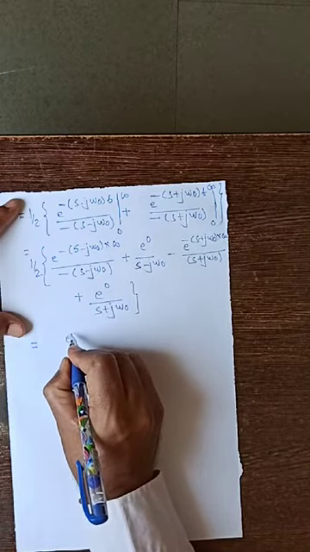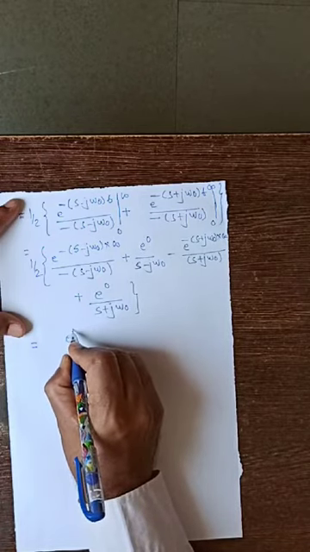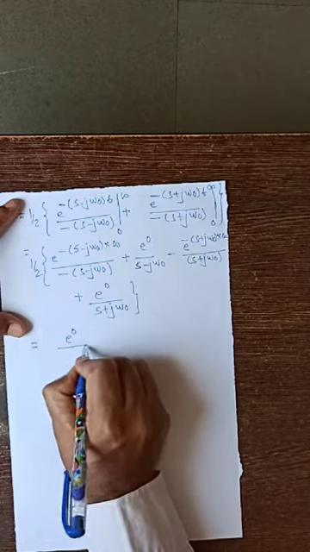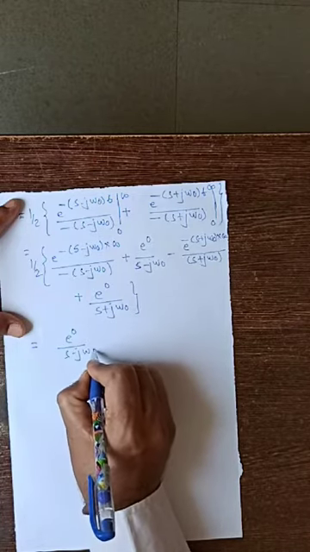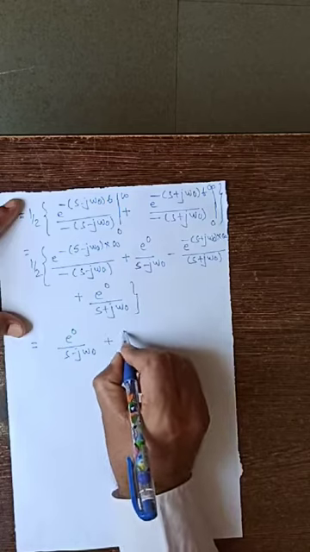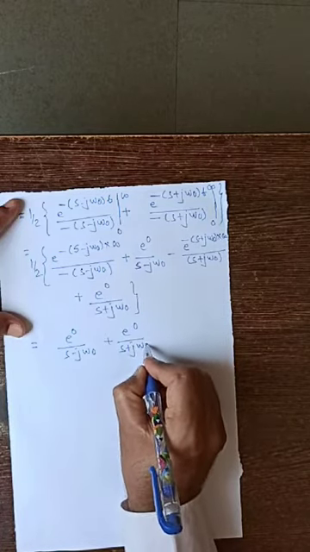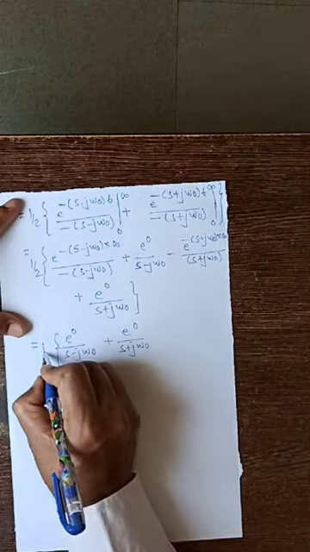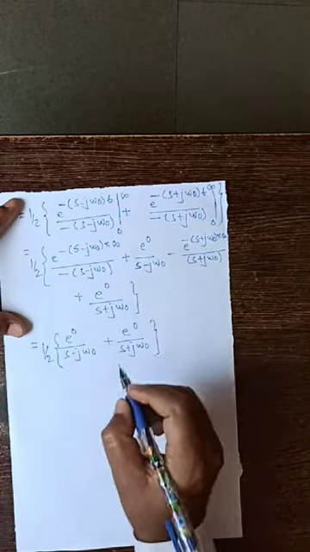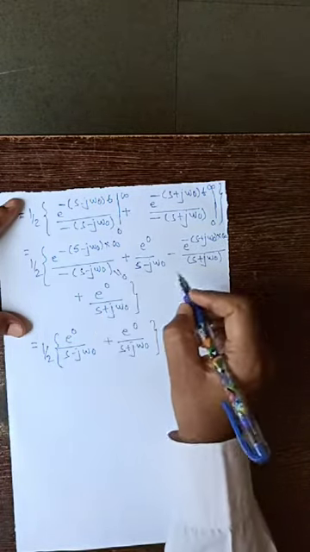So e raised to 0 divided by s minus j omega naught plus e raised to 0 divided by s plus j omega naught, whole multiplied by half, that is remaining. So this term reduces to 0.